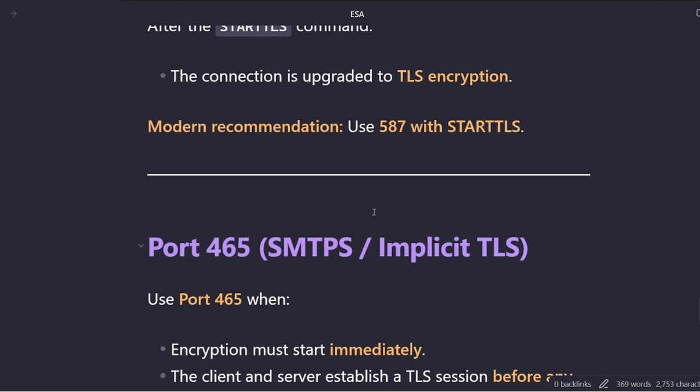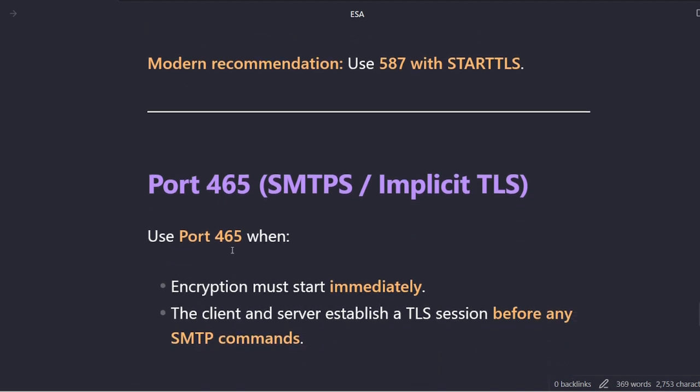Now, another port we have is port 465. We call it SMTPS, or implicit TLS. We use port 465 when encryption must start immediately. The client and the server establish a TLS session before any SMTP commands.